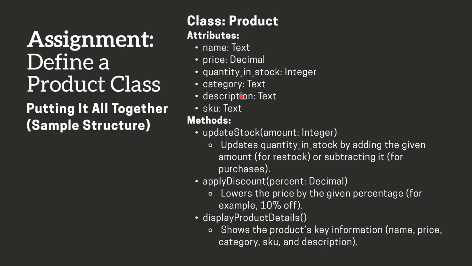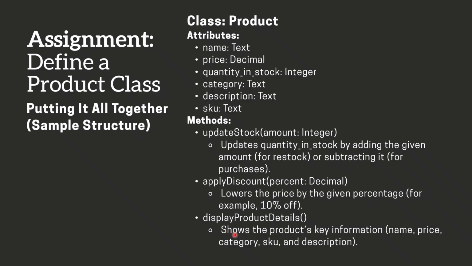And then you're going to list out your methods. Your methods are usually in camel case, because they're usually more than one word. So update stock, and then we would have the parameter in parentheses and then a short description of what this method does.